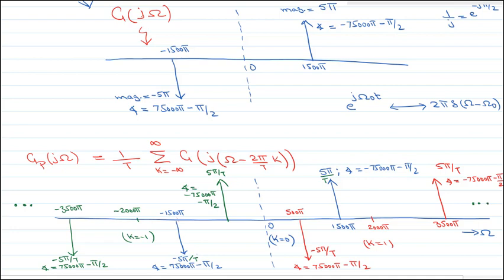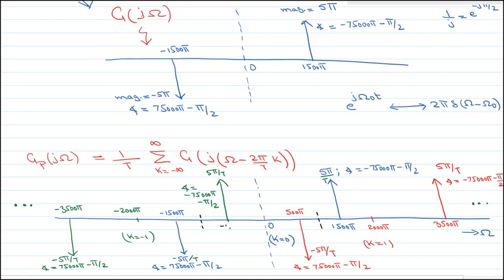The main thing to note here is that when you reconstruct using an ideal reconstruction filter, the filter is going to be limited to between minus 1000 pi and 1000 pi. It's going to be limited to 1/2 of the sampling frequency. So the ideal reconstruction filter is going to be sitting over here.